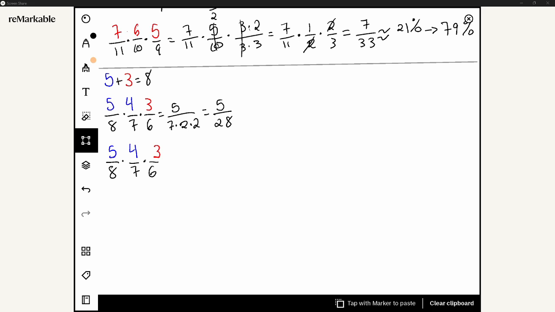We don't suddenly make the 8 a 9 or switch a 5 for a 7 or something like that. As long as our numerators stay in the numerator and the denominators stay in the denominator, the order in which they appear doesn't matter.